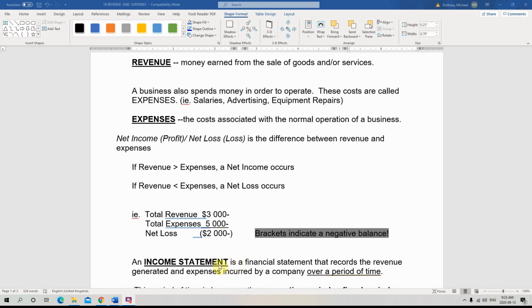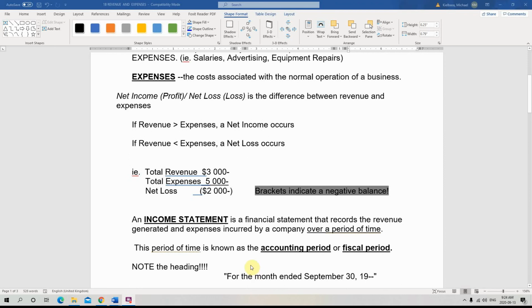Now, an income statement is a financial statement that records the revenue generated and the expenses incurred by a company over a period of time. It's not like a balance sheet, because it covers a period of time, not a point in time. That period of time that an income statement covers is called a fiscal period or an accounting period.